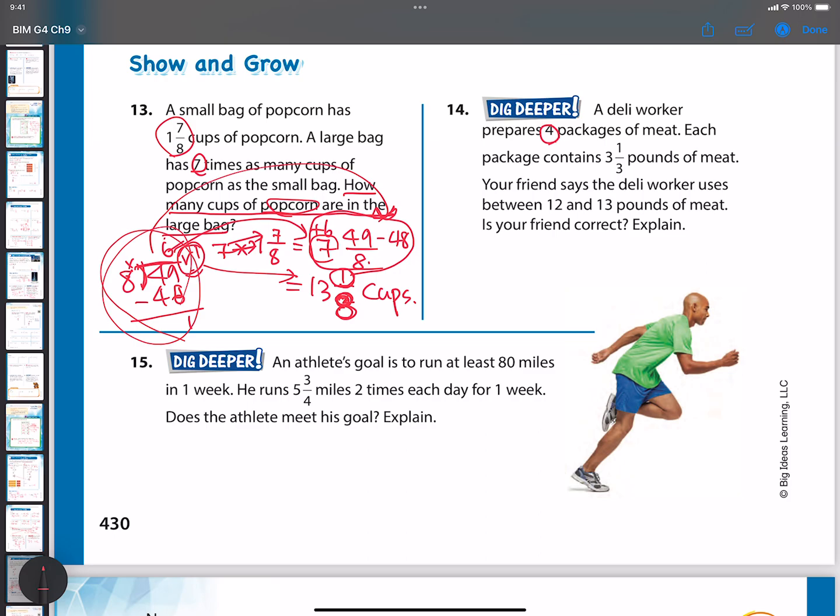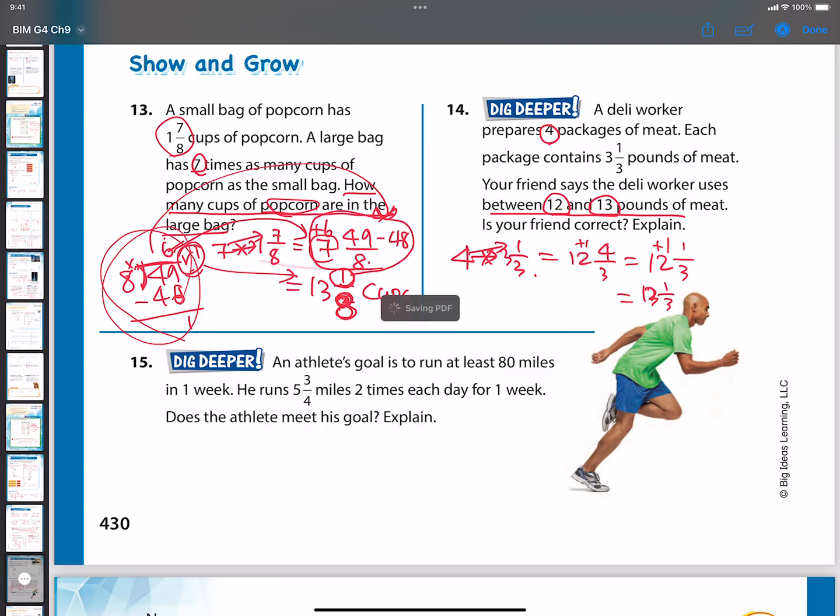Let's see. So deli worker prepares 4 packs and each pack contains what? 3 1/3. And your friend says he uses between 12 and 13 pounds of meat. Let's see. 4 times 3 is what? 12 already. And 4 times 1 is what? 4 over 3, which is 1 and 1/3. So 12 plus 1 is 13 and 1/3.